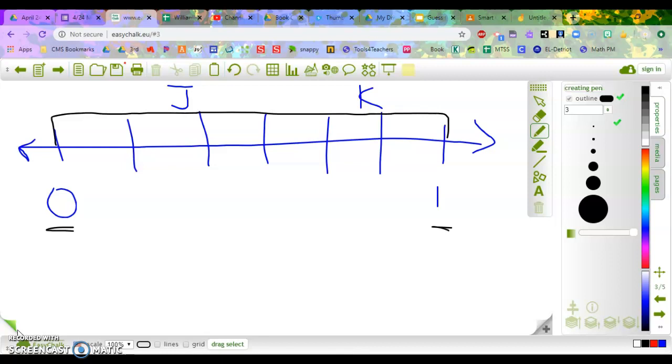And now I'm paying attention to, well, how many pieces is this broken into? It's broken into 1, 2, 3, 4, 5, 6 pieces. So that lets me know that this is broken into 6. That's going to be my denominator. So this first piece right here is 1 out of 6, 1/6. The 2 pieces are 2 out of 6, and so forth.